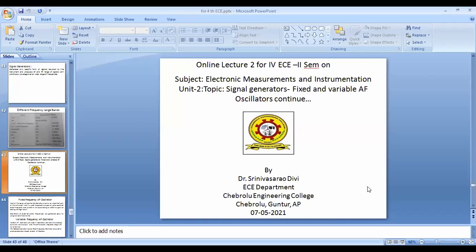By using a signal generator, we can produce sine wave, square wave, triangular wave, and pulse waveforms. Whereas by using oscillators, in most cases we can generate a sine wave signal only.